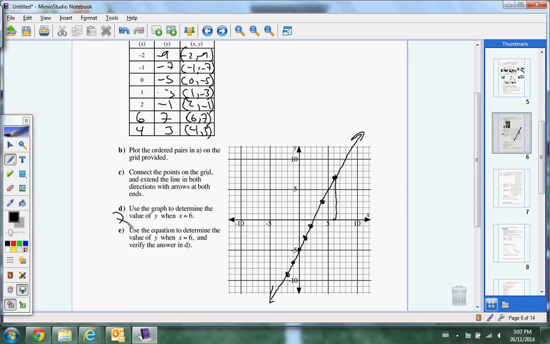Use the equation to determine the value of y when x is 6 and verify the answer. So to verify, we plug it into 2 times 6 minus 5. I just plugged it in for x. 2 times 6 is 12. 12 minus 5 is 7. So 7 is your output.